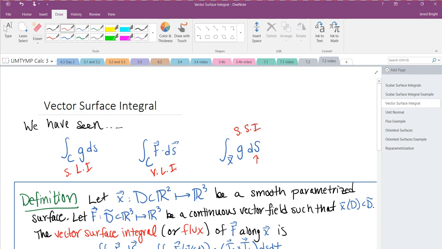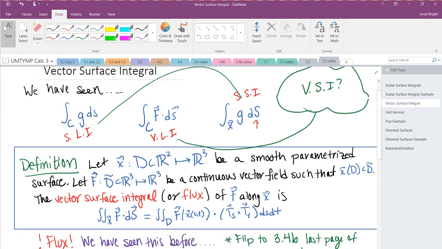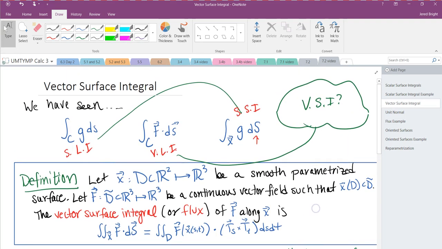So we have the scalar line integral matching the scalar surface integral, and the vector line integral matching maybe a vector surface integral. And that's exactly what this next definition is about.